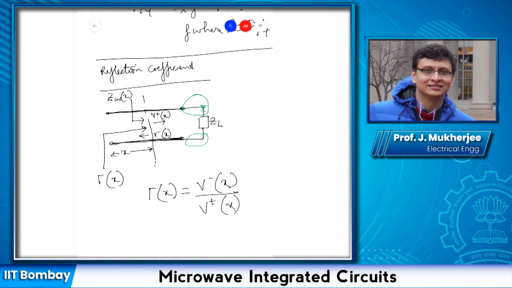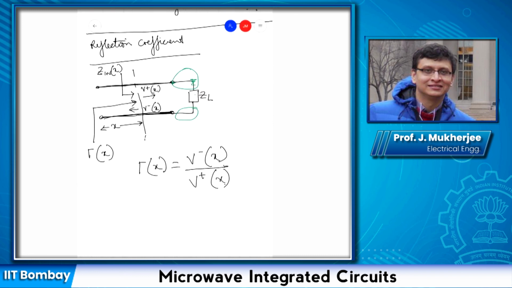Now we know from the solution for the transmission line equation that v minus of x is given as v minus of 0 e raised to gamma x.